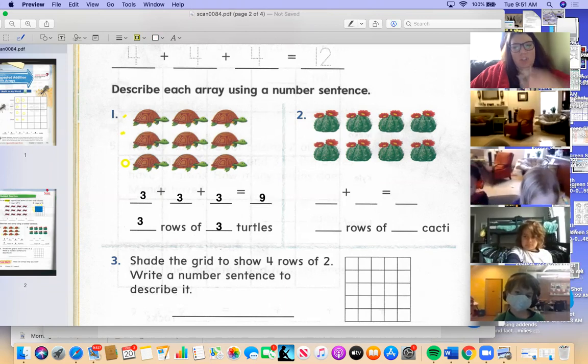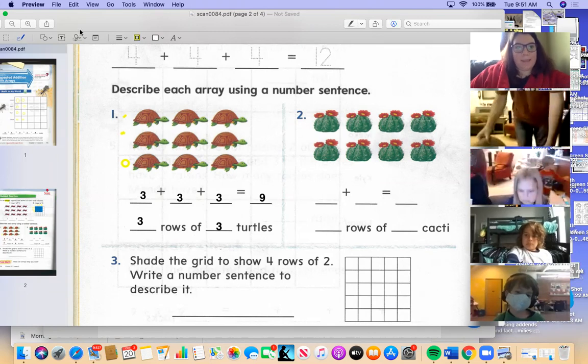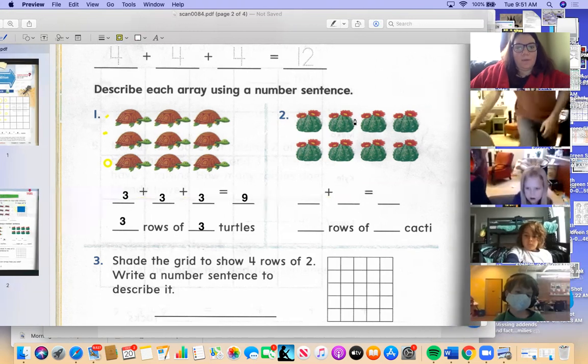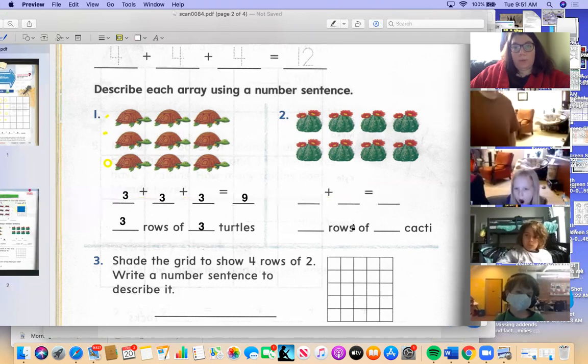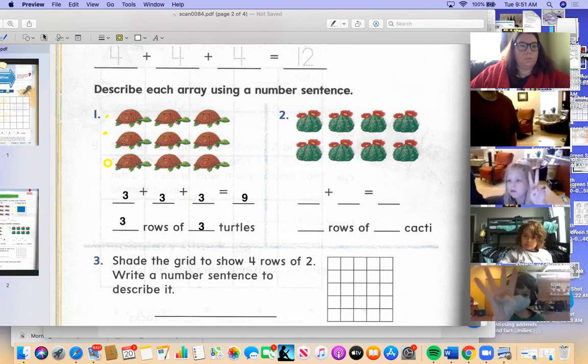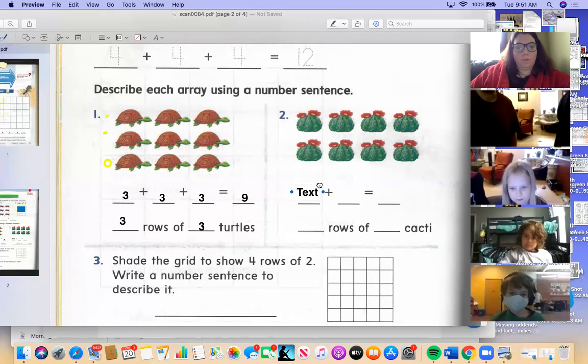Lewis, do you know how I feel about just blurting out answers? We haven't even got there yet. So how many rows do we have? 2. 2 rows. 2 rows of what?